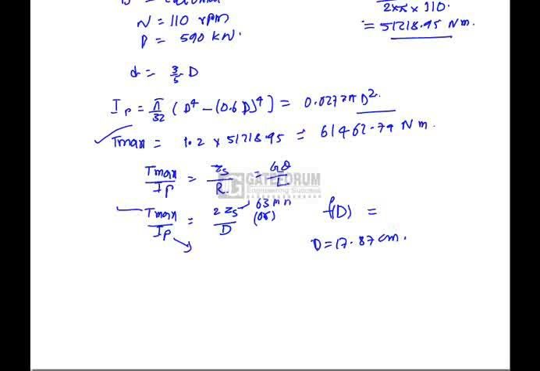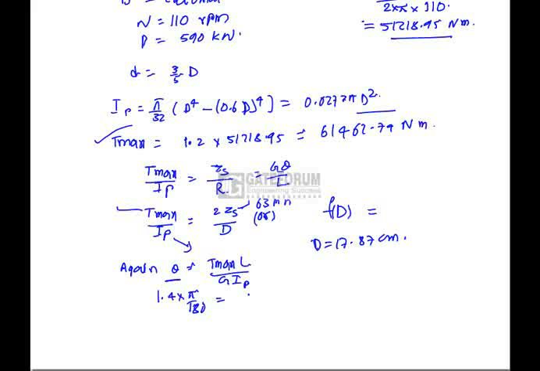17.87 is not there in the options, so we'll try again. Theta is equal to T max L by G IP. It is given in degrees, so we convert into radians by multiplying pi by 180.